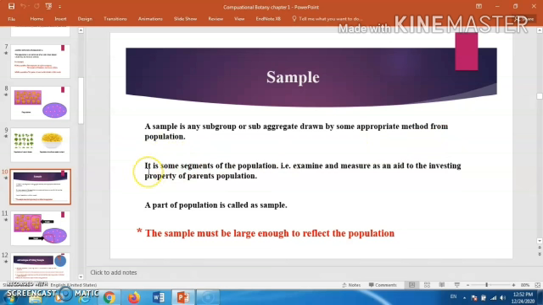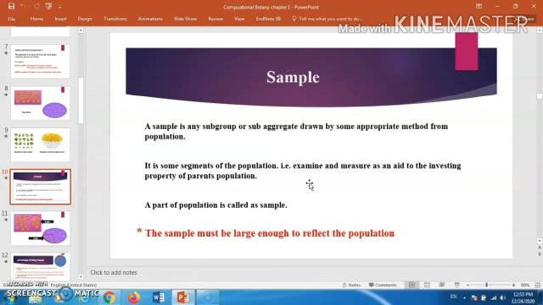Sometimes we cannot study the whole population because of money limitation, because of time limitation, and it is not convenient for us to study the whole population. A sample is a representative of that particular population. After tasting a small piece of that mithai, we can conclude about the taste and quality of the 1 kg of mithai.